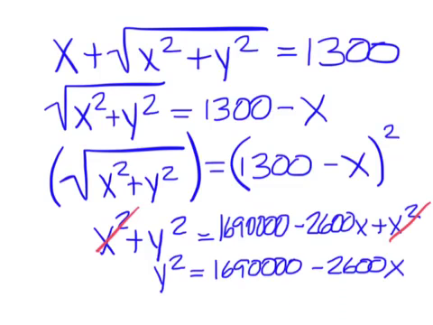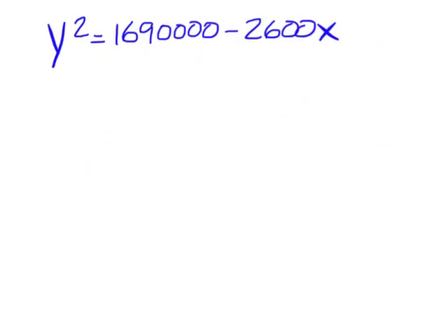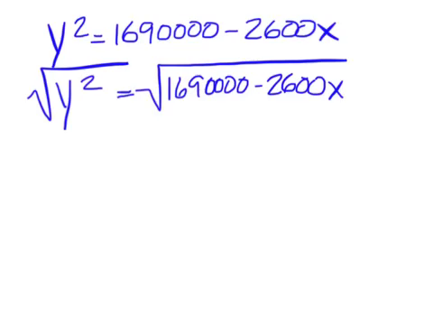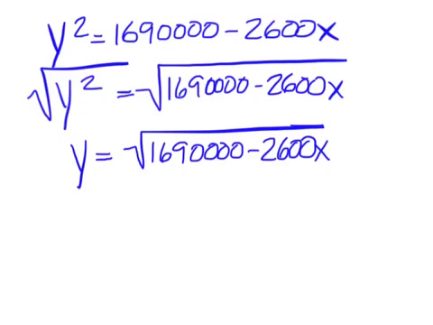Now of course you're going to have to get y by itself, which it isn't yet. So there it is with y squared, but you need the square root of both sides. And when you do that, the y is now by itself, but you have the 1.69 million minus 2600x under the radical sign on the right.